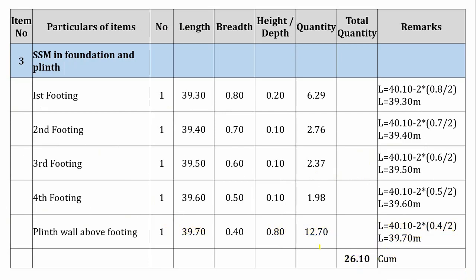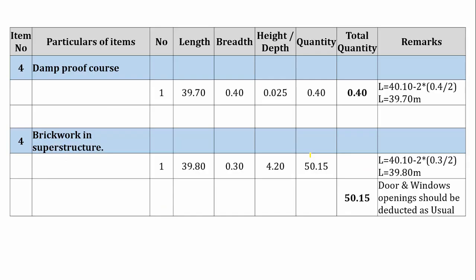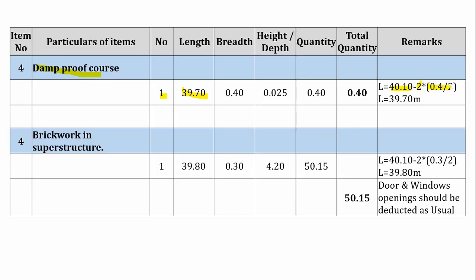So we have calculated now stone masonry. Next we will calculate the DPC, Damp-Proofing Course. Again same thing, length you have to calculate. The same formula, center to center length minus n into b divided by 2. Width of DPC is again 40 centimeters. Therefore 0.4 divided by 2, it is 39.7.